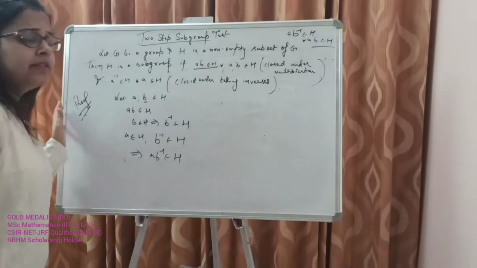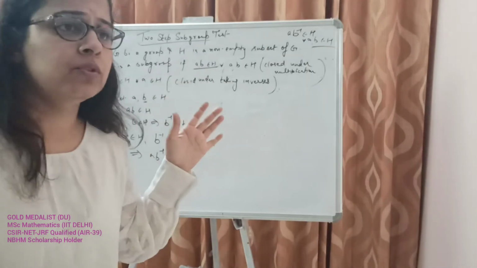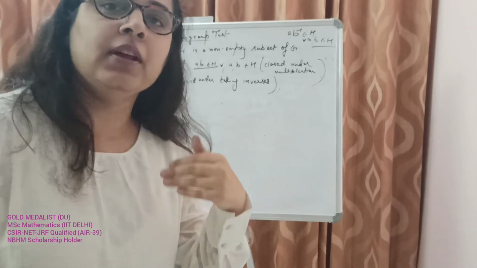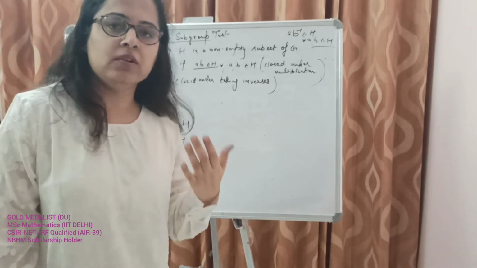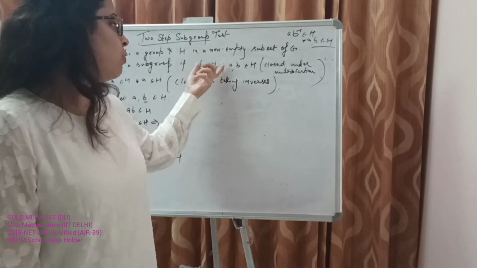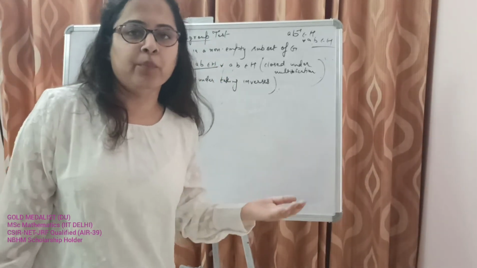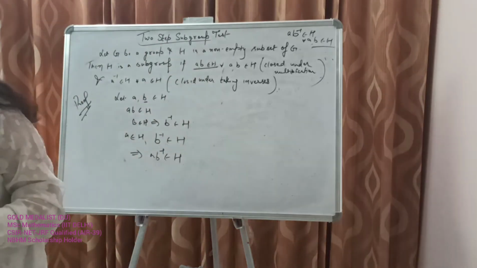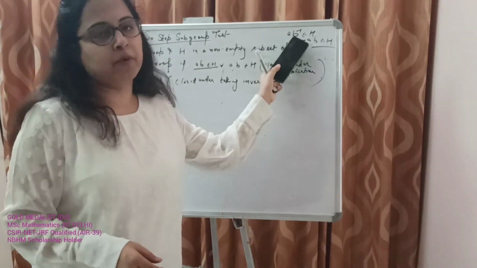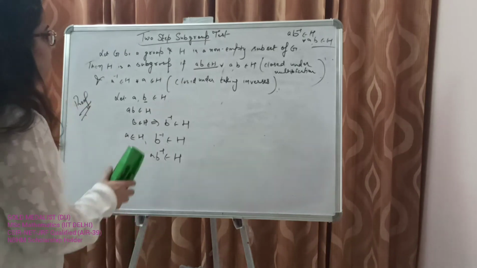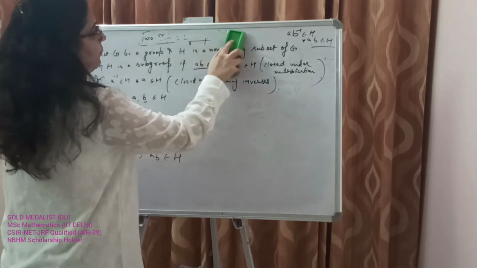This says that if a subset is closed under multiplication and closed under taking inverses, then it is a subgroup of G. Most commonly we use the one-step subgroup test to prove that a subset is a subgroup.